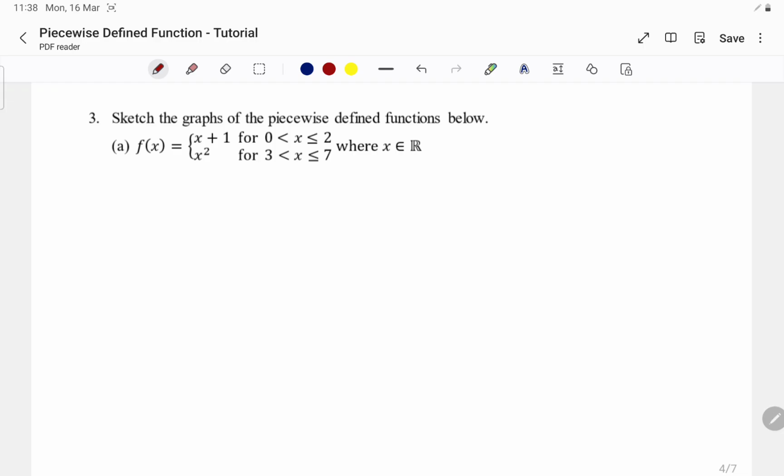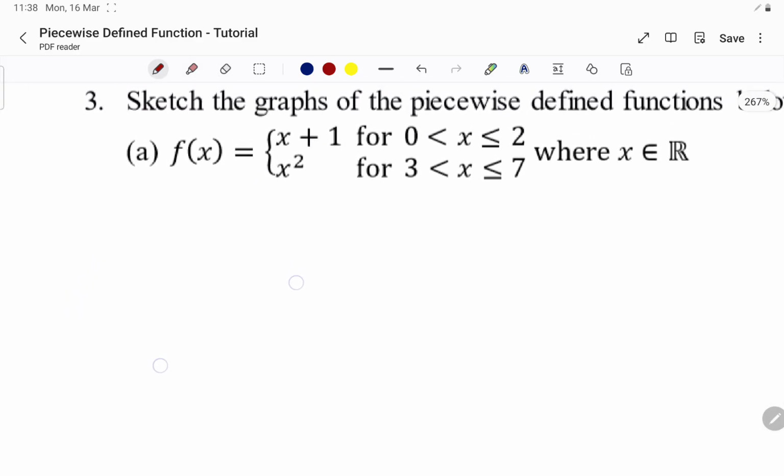Right now we have to sketch, and when we sketch we have to do it piece by piece, for the domain 0 until 2 and then 3 until 7. If you check here, we have a linear x + 1 and another one is quadratic. So we will do them one by one.